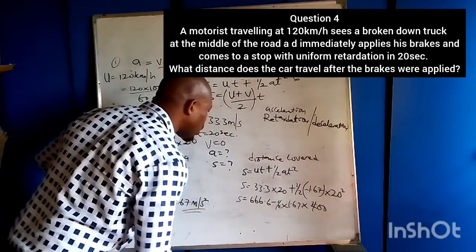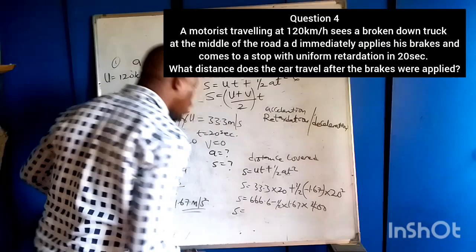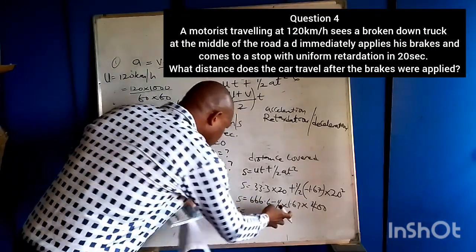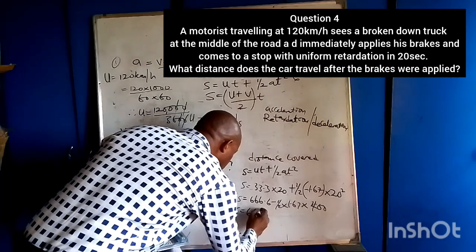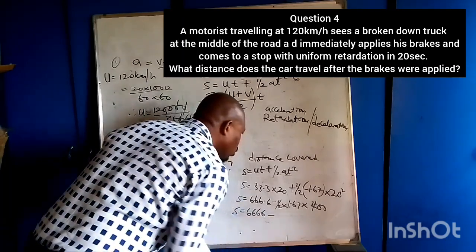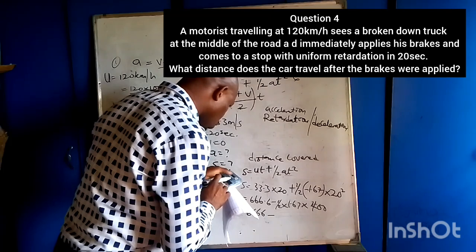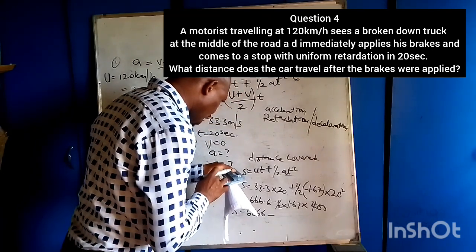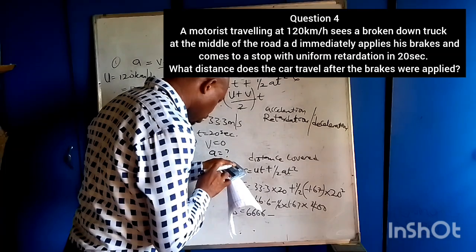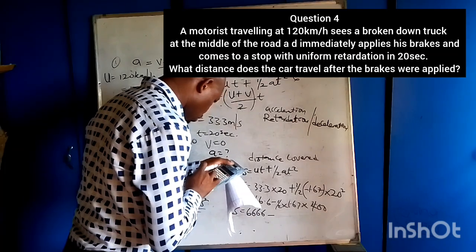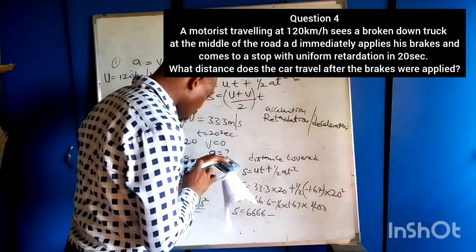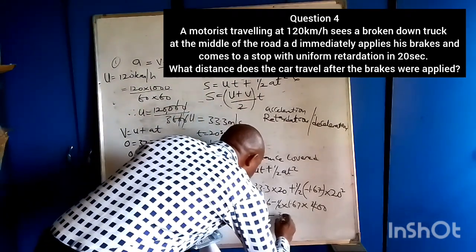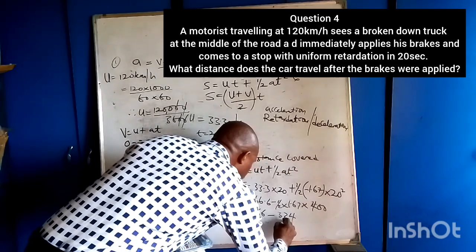So S is equal to 666.6 minus, we'll take the first one, 1.67 times 400 times half, which will give us 334.